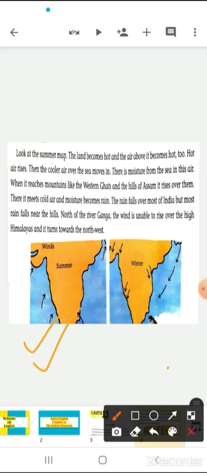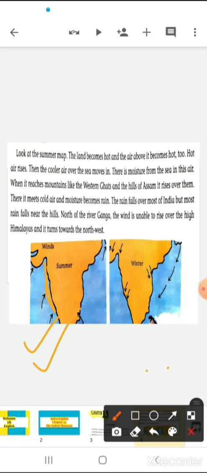When it reaches mountains like the Western Ghats, where is the Western Ghats? Here is the Western Ghats. The Western Ghats and the hills of Assam, it rises over them. There it meets cold air and moisture becomes rain.